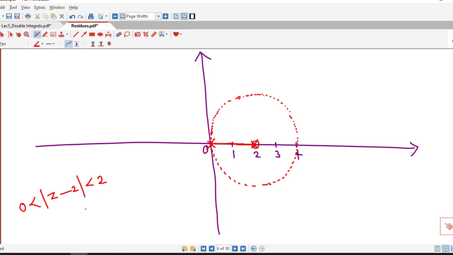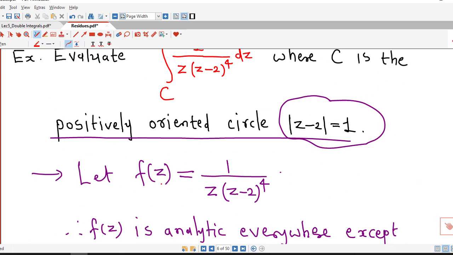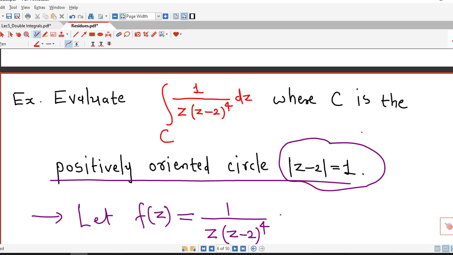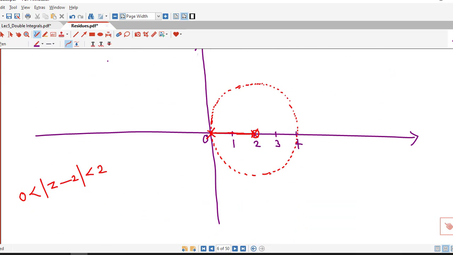Now our contour on which we want to integrate the given function is absolute value of z minus 2 equal to 1, that is a circle with z equal to 2 as center and radius 1. So that circle is inside this deleted neighborhood. That will pass through this 3 and 1.